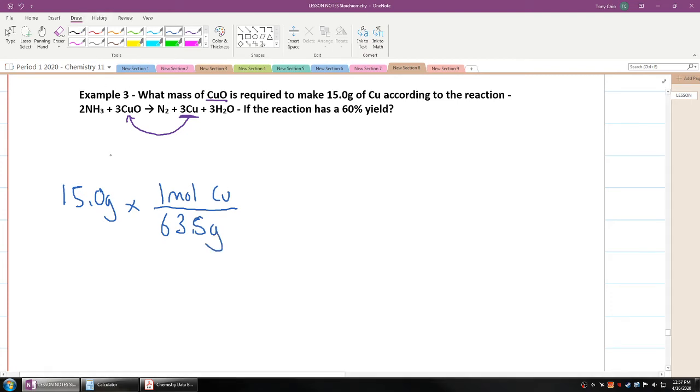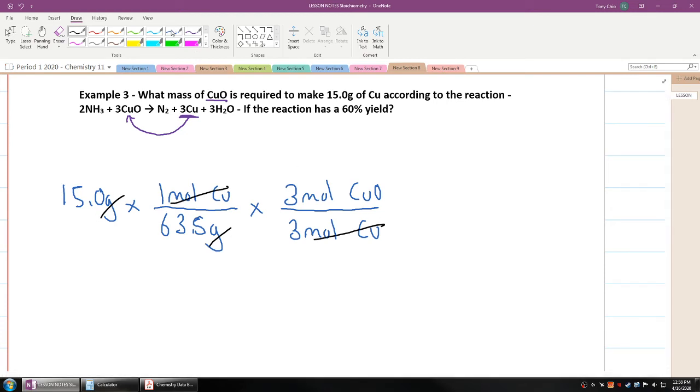Okay, because that will cancel your mass. Our next step is now to cross the mole bridge, which is going to be 3 moles of copper oxide over 3 moles of copper. So that will cancel your copper.